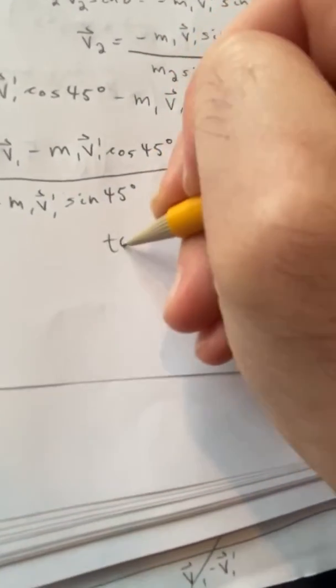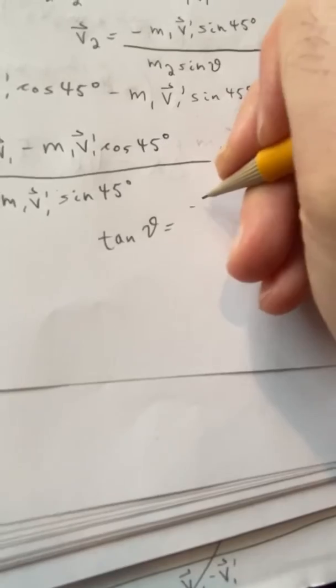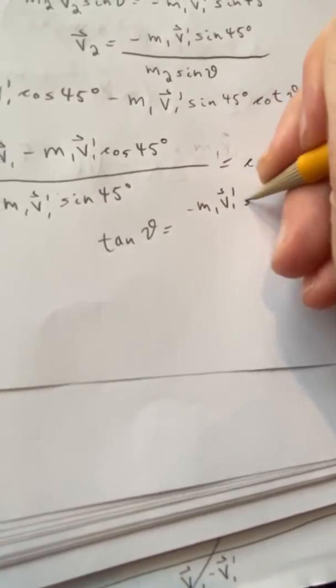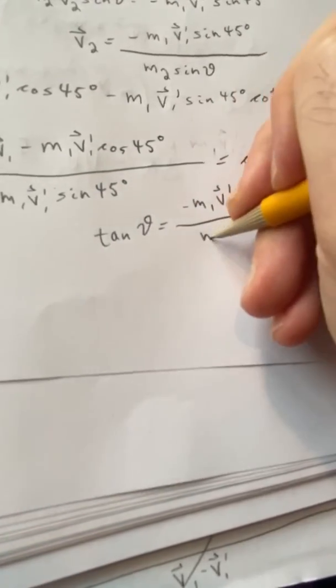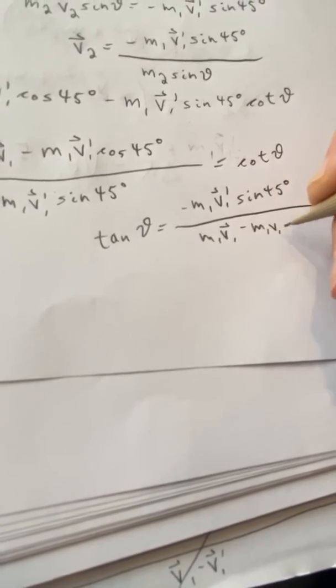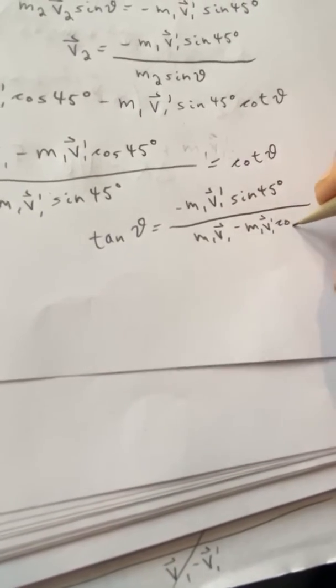So you probably don't have an arc cotangent button on your calculator, so all you have to do is swap the numerator and denominator here, and you can say that the tangent of theta is equal to minus m1 v1 prime sine 45 over m1 v1 minus m1 v1 prime cosine 45.